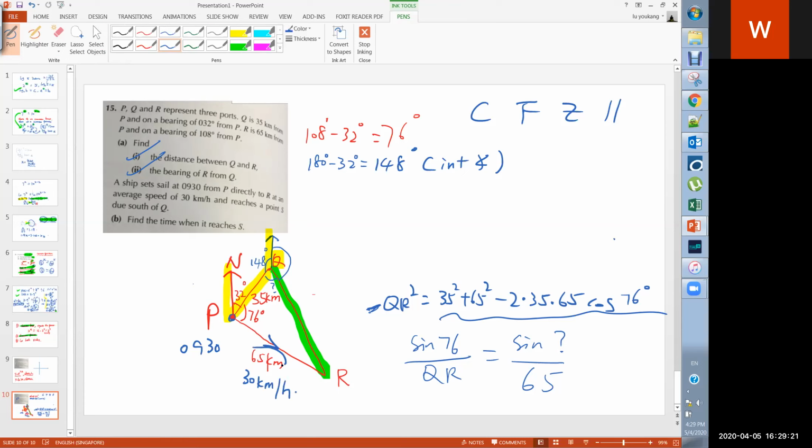So the distance is 65, and reaches a point S due south of Q. It means a point that is directly down here. Find the time when it reaches S. So you need to find out where is this point S.